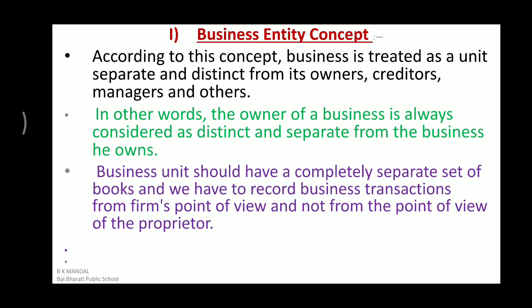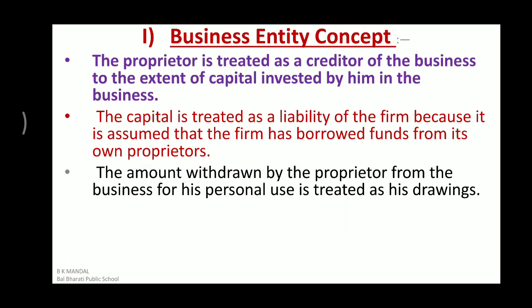That means all the transactions are recorded from the point of view of the business, in the books of the business, not in the books of the proprietor. And because of this concept, the proprietor or the owner is treated as a creditor of the business to the extent of the capital invested by him in the business. So that's why, you see in the accounting equation, what is the accounting equation?